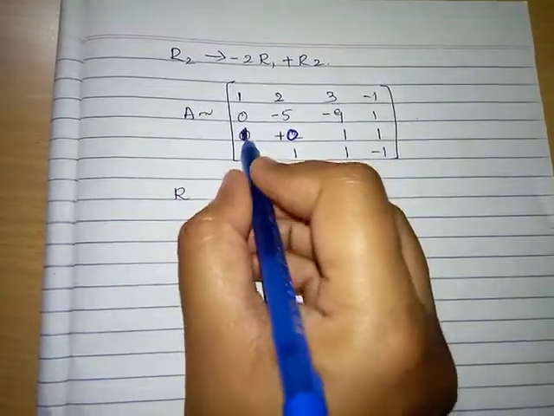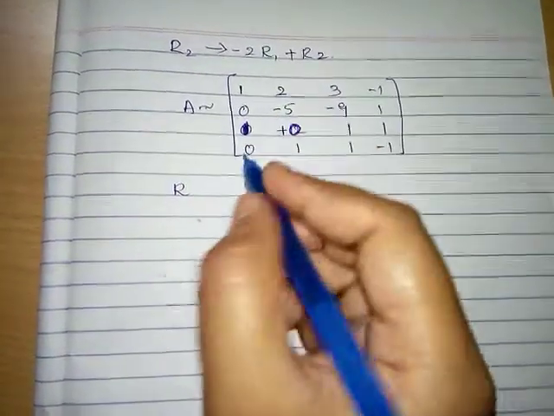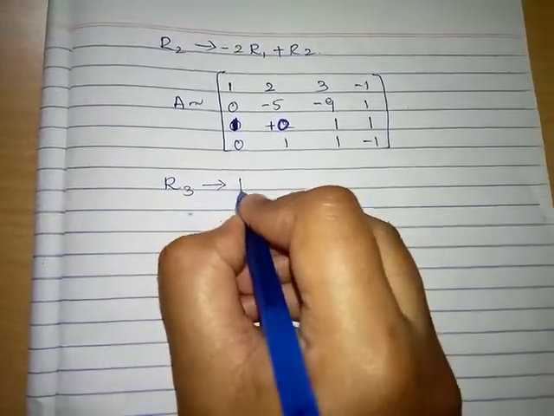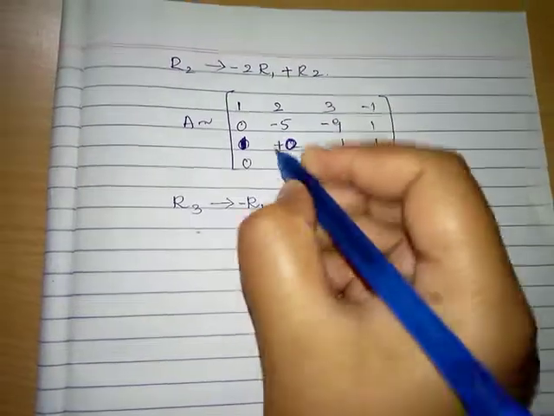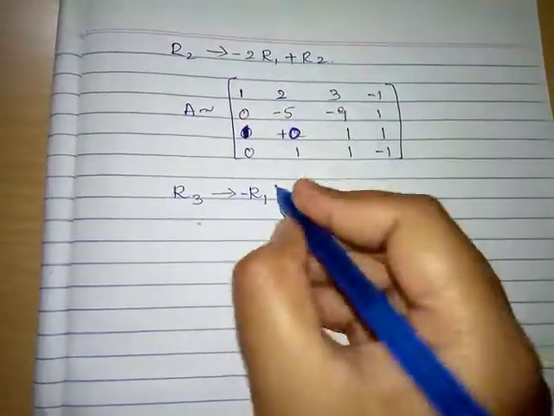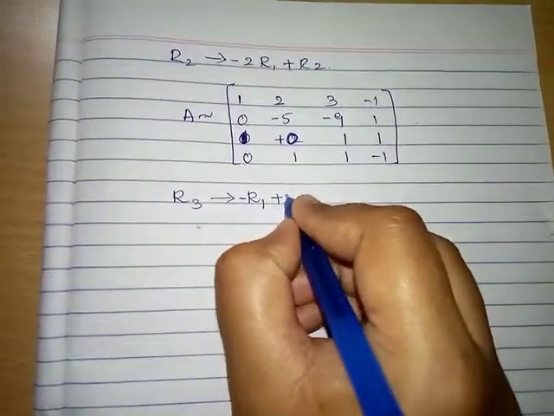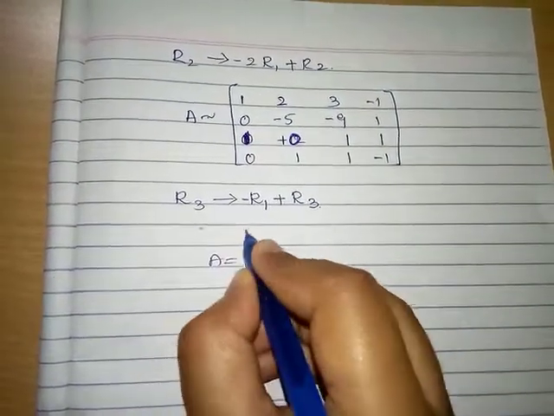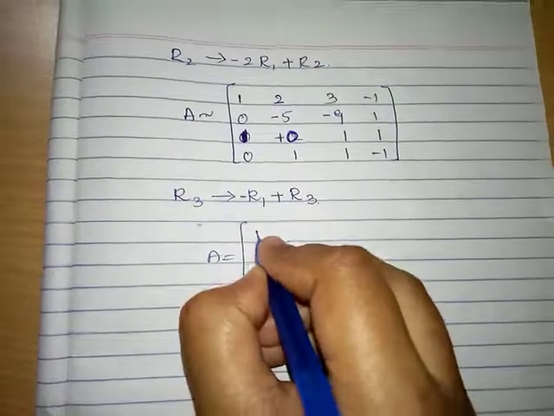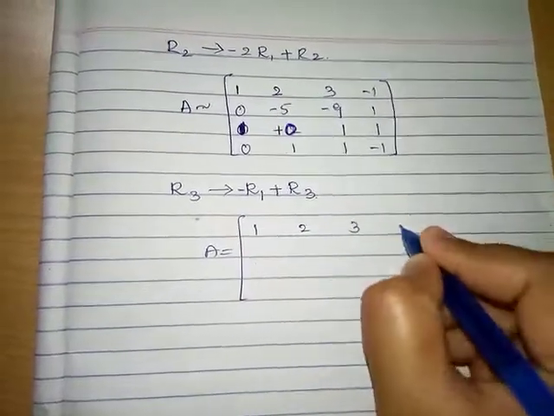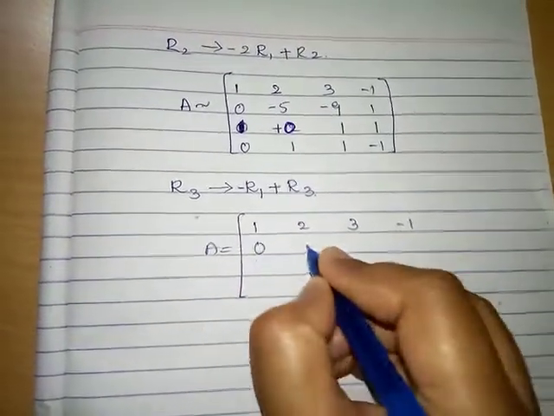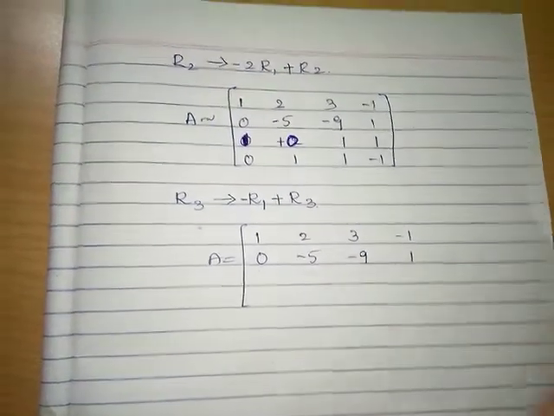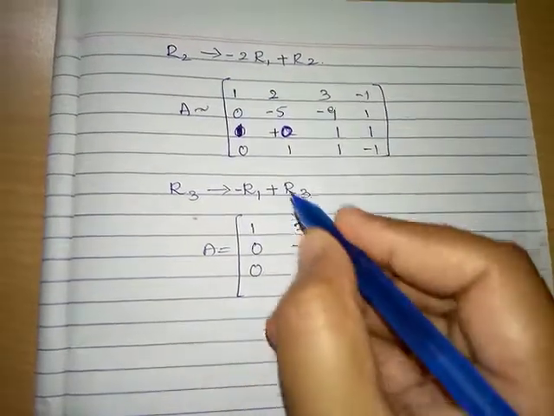Then I have to reduce this element to 0. Similarly to the previous example, R3 changes to minus R1 plus R3, because we have 1 here and 1 here. Matrix A is equal to 1 2 3 minus 1, 0 minus 5 minus 9 1. This is 0.